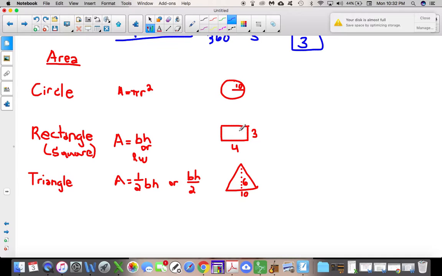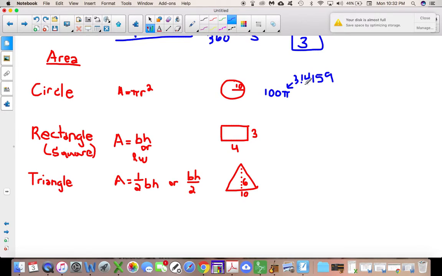So I went ahead and gave a little example here so you can kind of see what this looks like. Pi times radius squared. If my radius is 10, 10 squared is 100. And 100 times pi, I can actually do this in my head. Pi is 3.14159. I'll just say that's as far out as I can go.